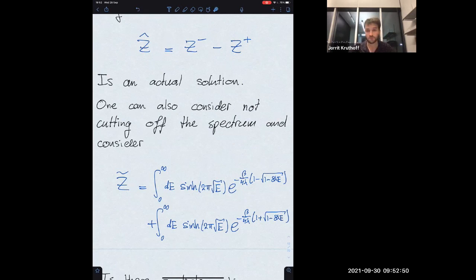So then maybe this Z tilde would be a better proposal, but then you would need an interpretation of this other solution branch as well. Right, so this one corresponds to this deformed spectrum here, which matches nicely onto what we expect from the bulk.